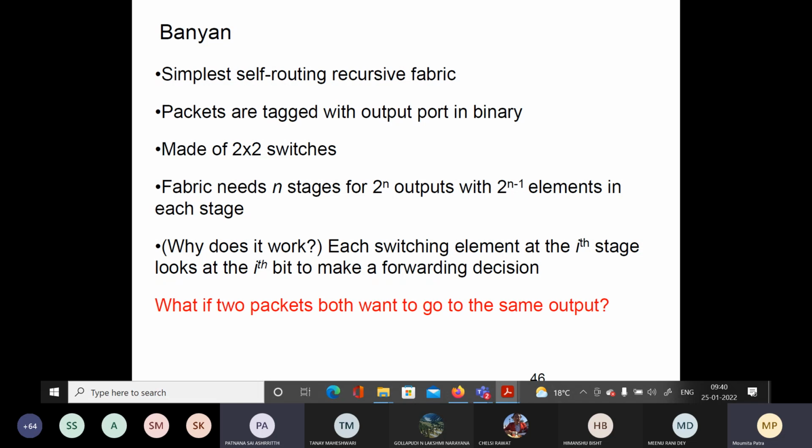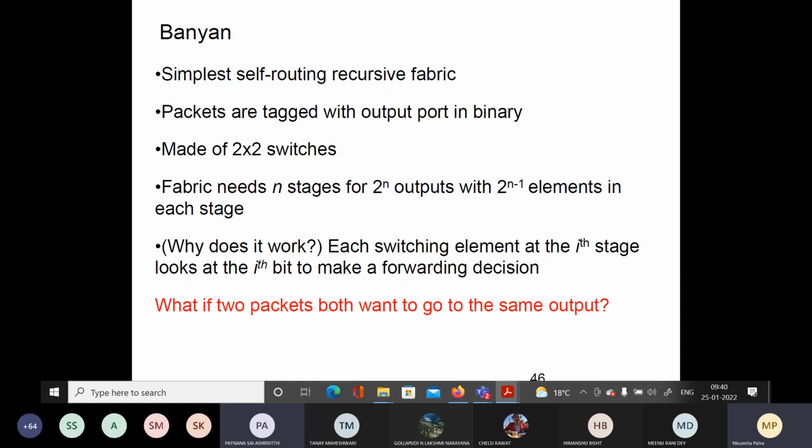So what you do, you just tag the packet with the output port number in binary. You've seen that we have tagged the input and output ports in binary in case of the Banyan switch. Now the packets that are incoming will also be tagged with the output port number in binary.